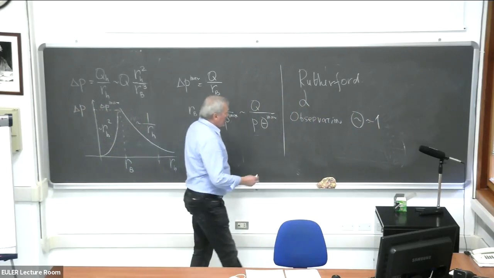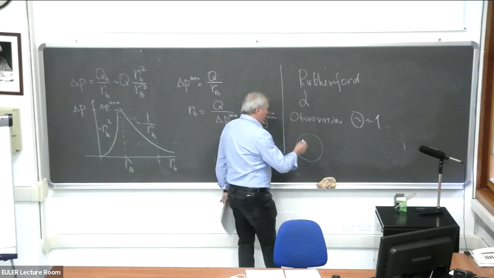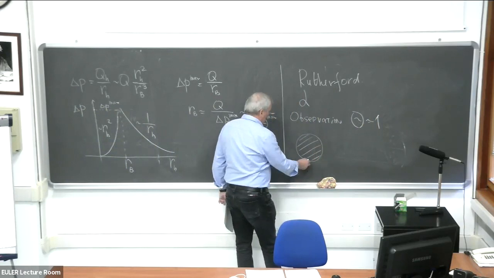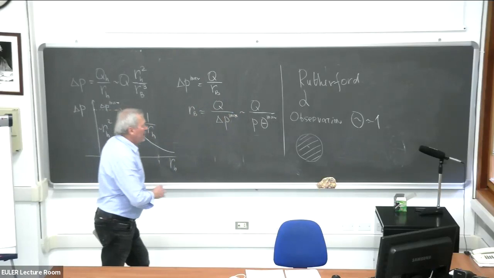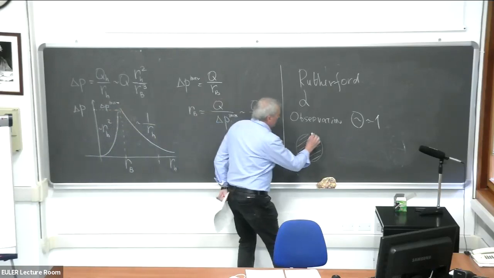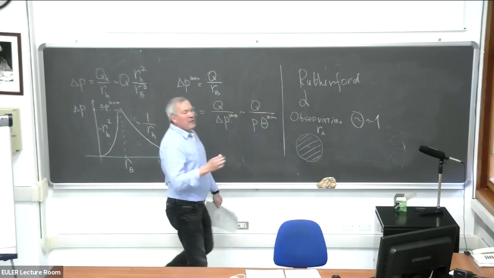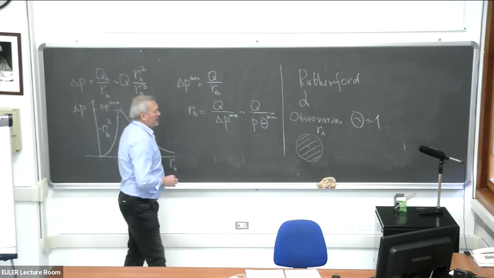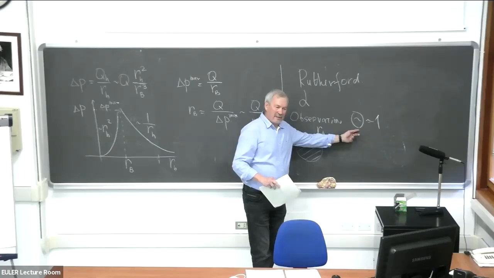Now, if you have the sphere, as it was supposed before, which is filled by, say, positive charge, and this sphere is of the radius of the atom, and it was known what the size of the atoms was already at that time, then you would expect very small angles.